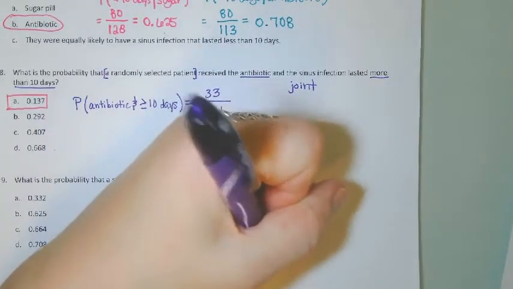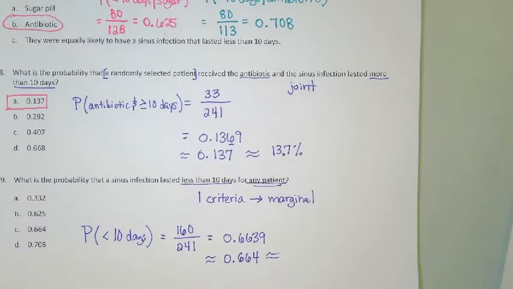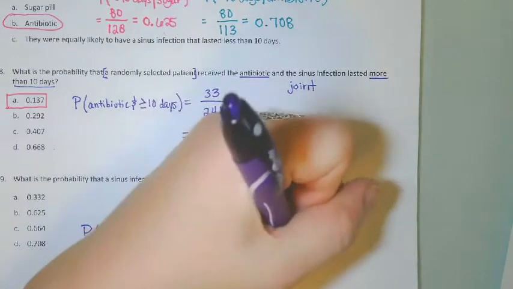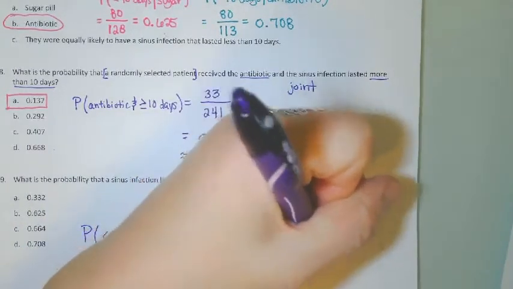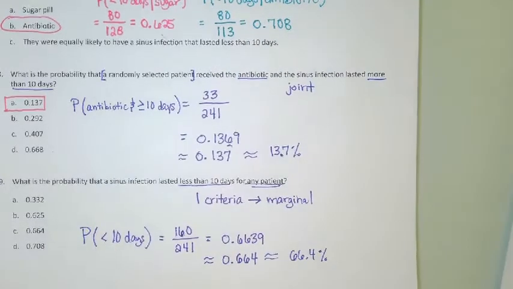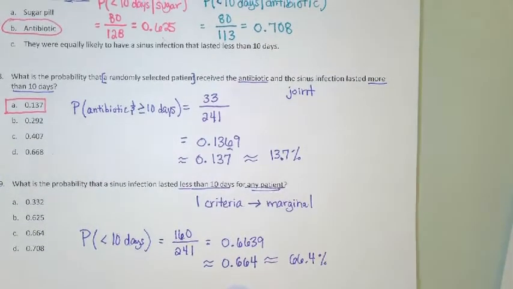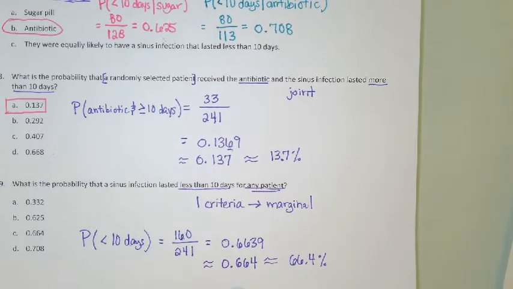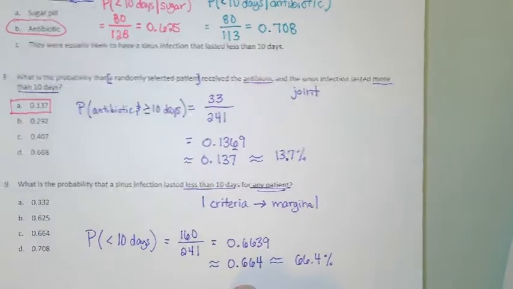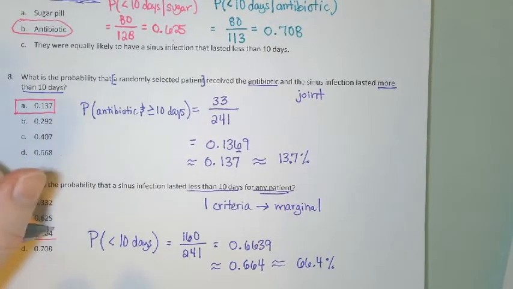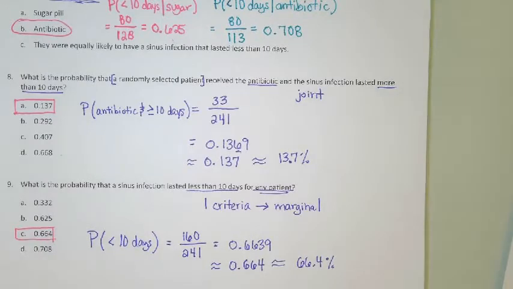So what this tells us is that if I were to randomly select any one of those 241 patients, there'd be a 66.4% chance that that random person I selected was someone who had a sinus infection that lasted less than 10 days. So for question number 9, our correct answer would be C.